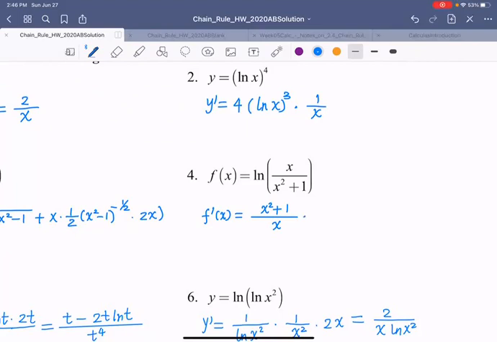I know everything in the bottom is to the power of -1, so you flip it. And then we will do this whole thing's derivative. We can use the quotient rule directly, and this time we can use it.